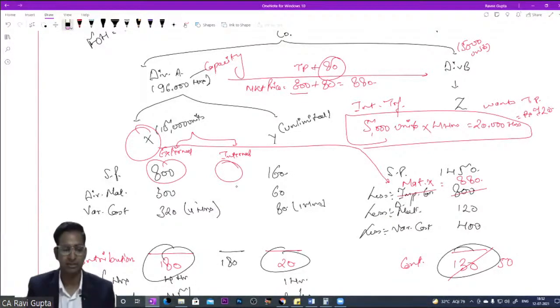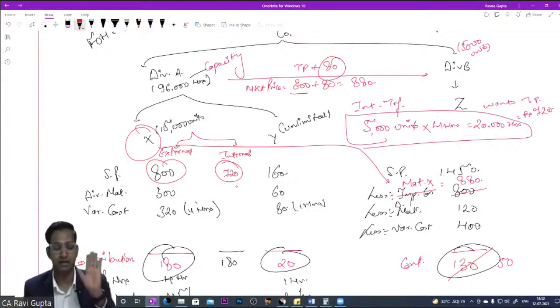Okay, so let me change it. In this case now, they are going to get 720 rupees, isn't it? If it is 720 rupees, their contribution will now change to 100 rupees. Got this point? Okay. First, division A is now completed.